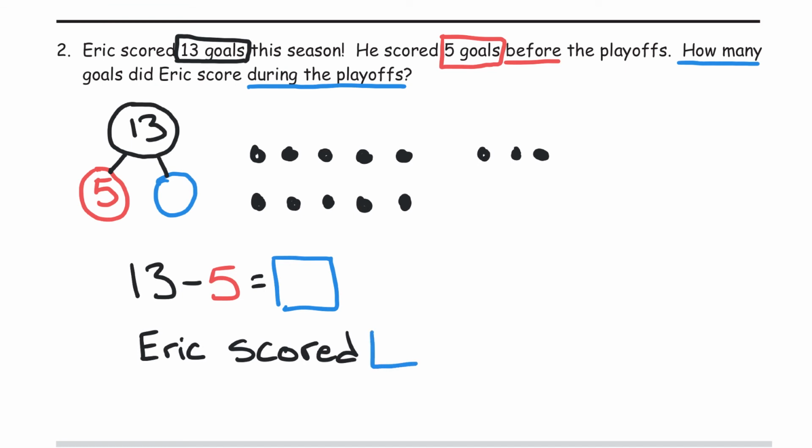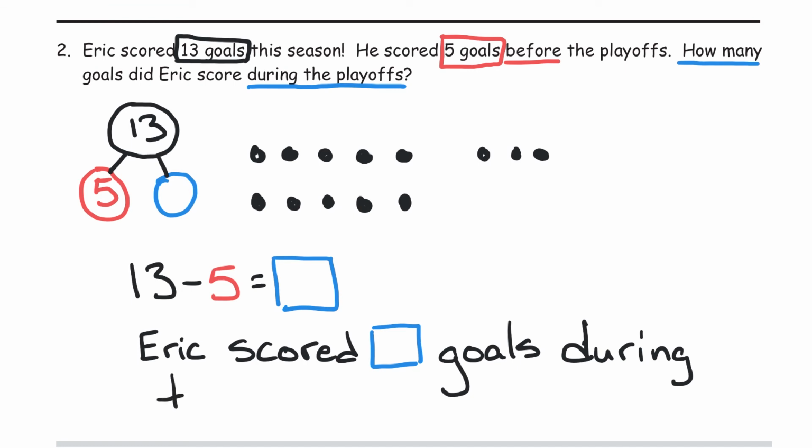He scored goals, G-O-A-L-S, during, D-U-R-I-N-G, the playoffs, T-H-E, and then playoffs, P-L-A-Y-O-F-F-S, and then a period at the end.